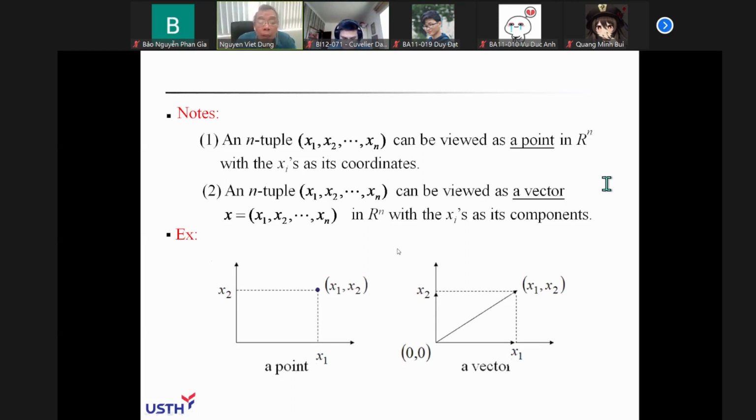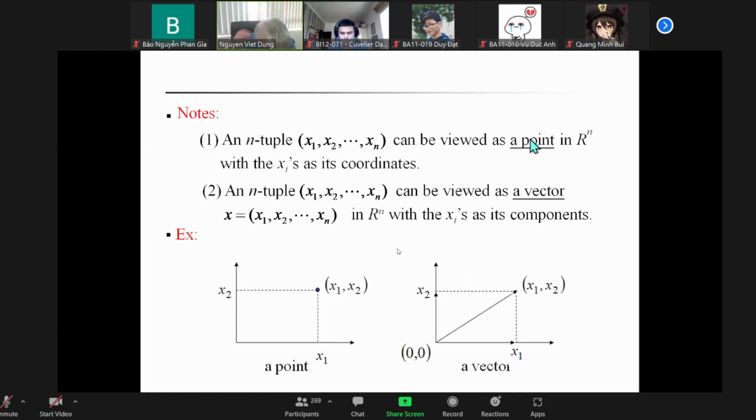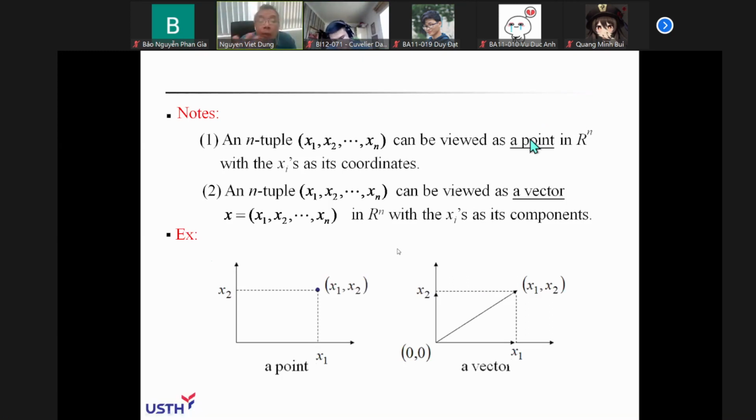Now before the break, we studied first about the n space with some examples we know already from high school, like the picture you are seeing on the screen now.